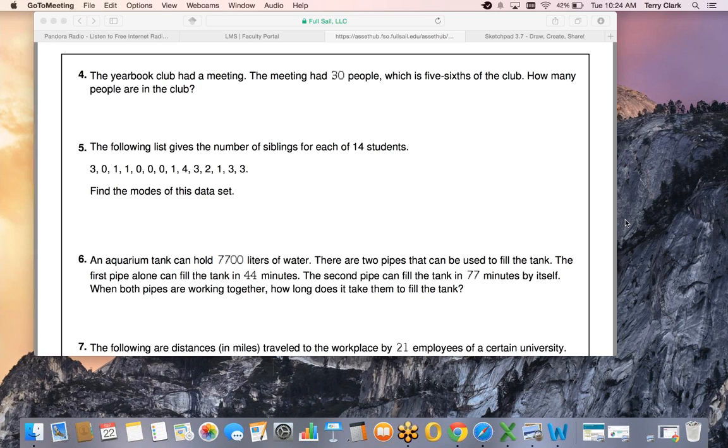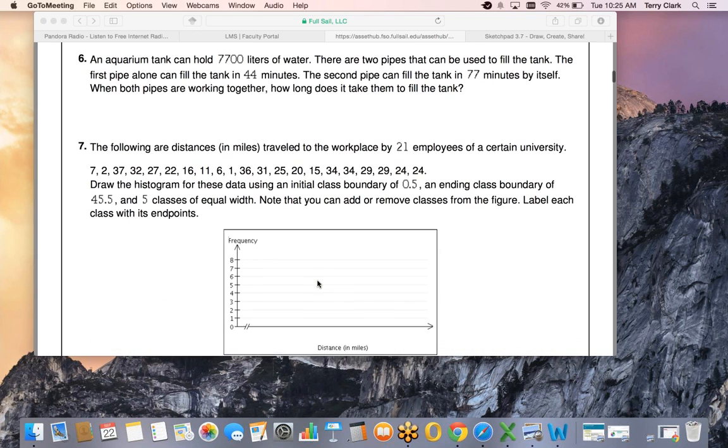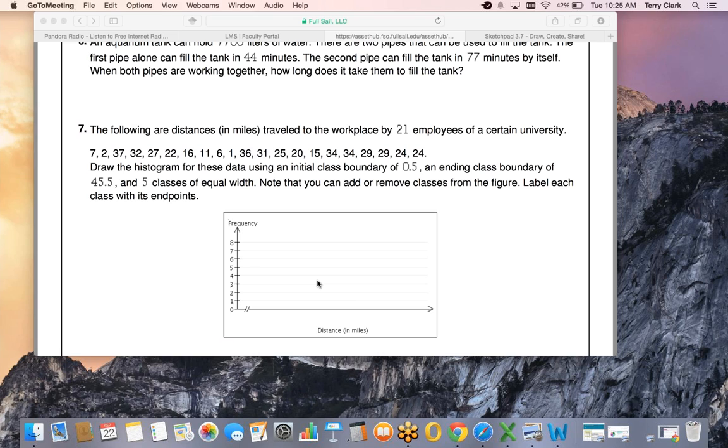Okay. Number six, you've got to find the rate first. What about number seven? Number seven is going to be a histogram. Does anyone need to see number seven, the histogram?